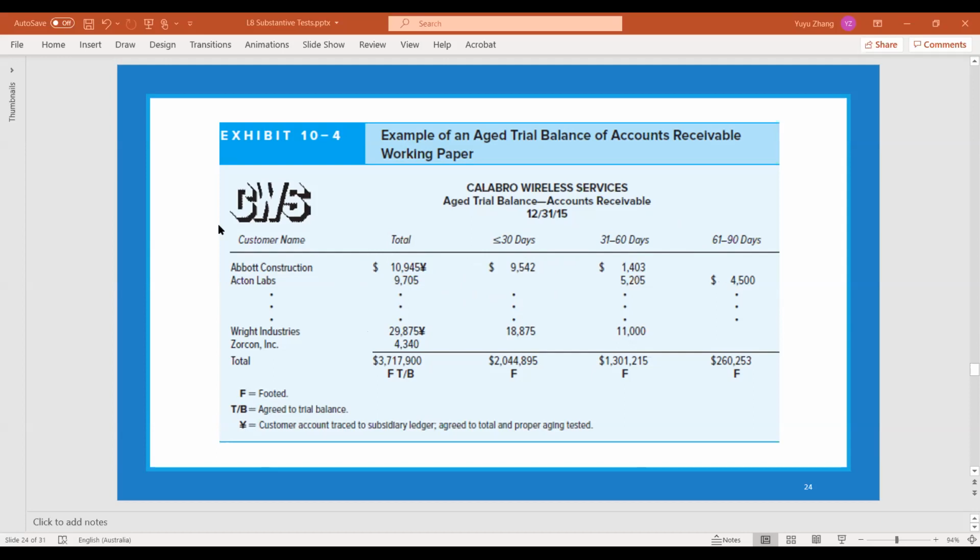Okay, and then what we can do is to look at the balance in each category of the past due period, and then check with management regarding their provision policy, calculation policy. What you can do is do your own calculation to calculate the estimated provision for doubtful debts to see if it is consistent with the number the client provided.